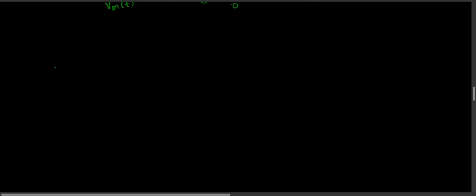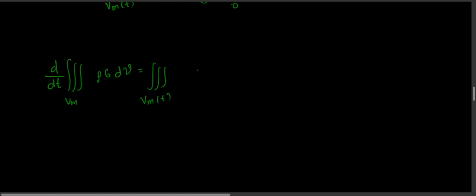So finally, we have d by dt of the triple integral of rho G dV equals the triple integral over the material volume of rho dG by dt dV.